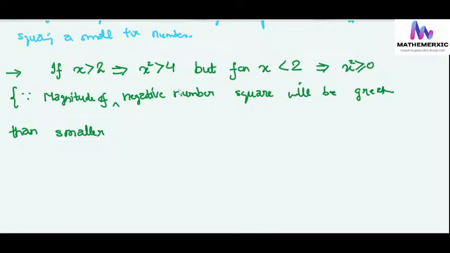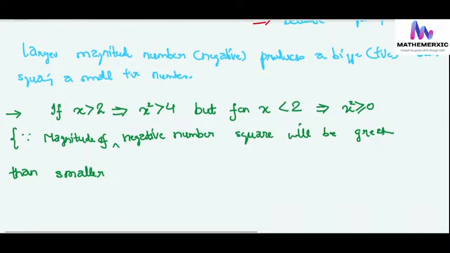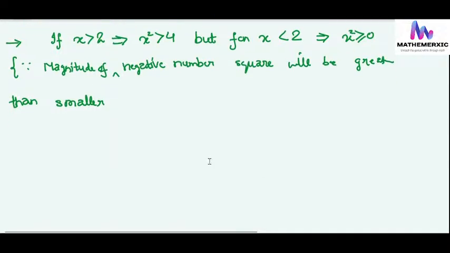Okay, this is the concept. Whenever the number is of smaller magnitude, the magnitude of a bigger negative number squared will be greater than a smaller magnitude number. Obviously this is a concept.